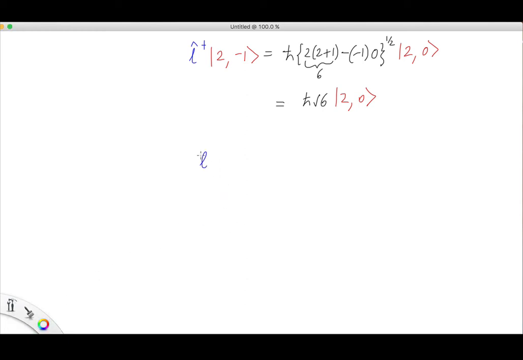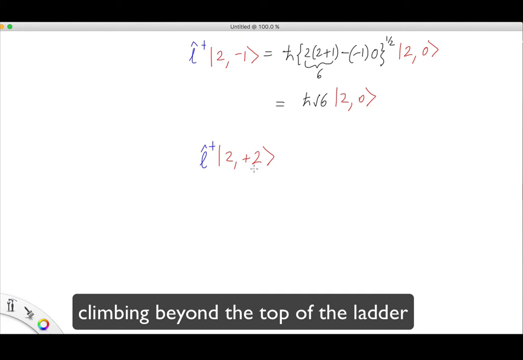Let's just now try to do it for the state where we're already at the maximum value of ml. So for L equals 2, the maximum value of ml is 2. So what happens now when we try to raise the value of ml when it's already gone up as far as it can go? Well, let's just turn the machinery.